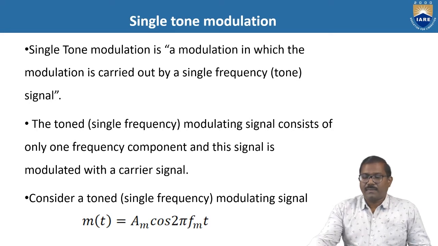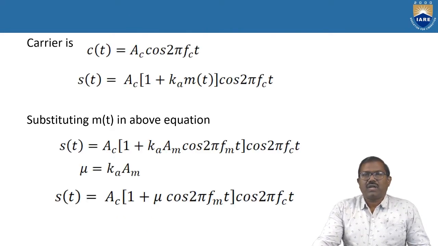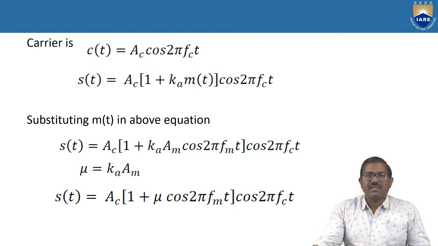And the carrier is c of t, which is equal to Ac cos 2 pi fct. And s of t, the result of the modulation process, we call the modulated signal.